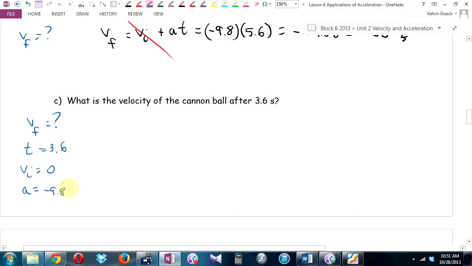In fact, it's going to be the same equation. Try this on your own. I think it's going to be VF equals VI plus AT. I'll freeze the screen. Try solving it yourself. Let's see if we get the same thing.